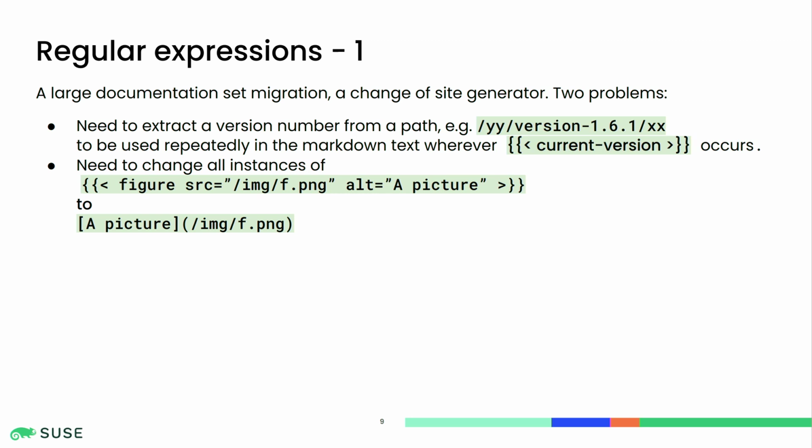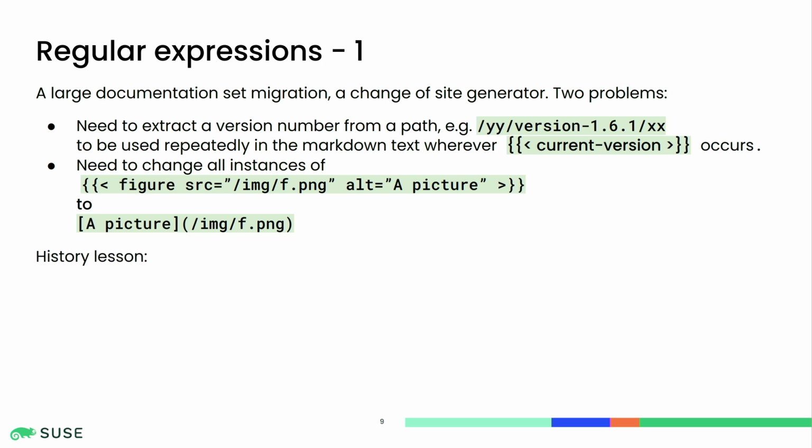It's the standard Markdown representation of a picture. So there are thousands of these in the documentation set, and hundreds of these images. Trying to go through all of that and edit it by hand is a very error-prone process. You know, miss a space, and it's all going to go quite wrong.